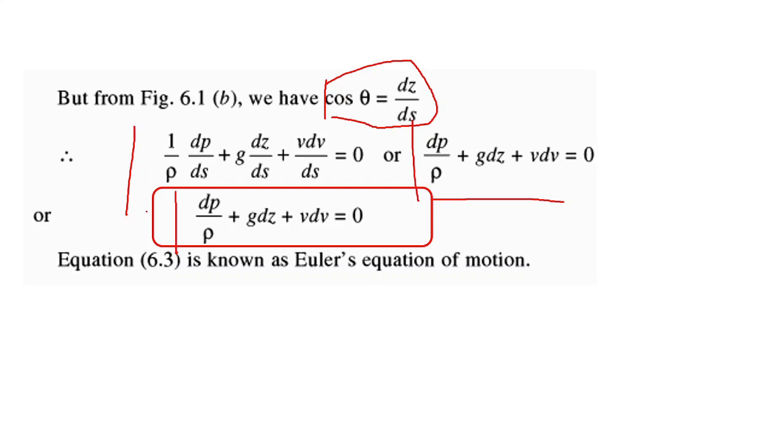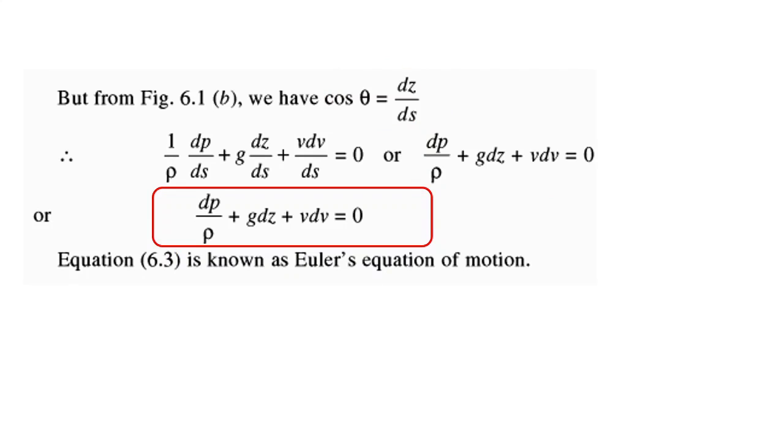So this is known as our Euler's equation of motion. We have to remember this formula. What is Euler's equation of motion? dp by rho plus g into dz plus v into dv is equal to 0. So this is known as our Euler's equation.